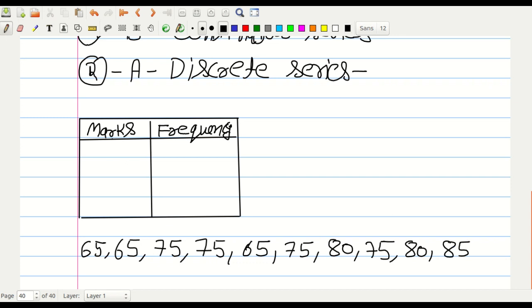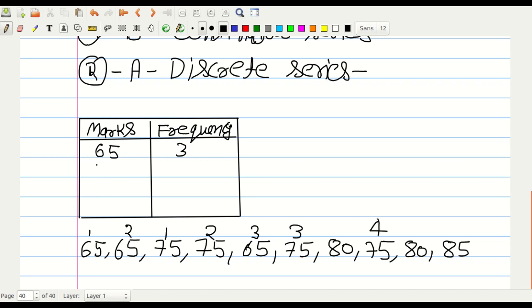So here if you write 65, so count it: 1 time, 2 times, 3 times, so you will write here 3. Then 75, 1, 2 times, 3 times and 4 times.